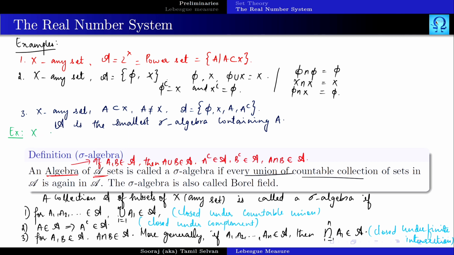Okay, now at this moment I would give you a basic exercise. Let X be any set. Let A1 union A2 union etc. till union An, where the Aj are disjoint.